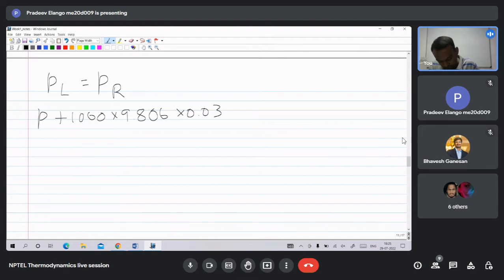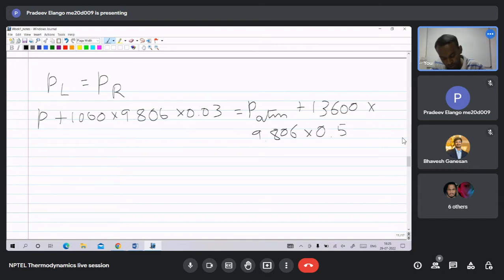And on the right hand side we have P atmospheric pressure plus rho GH for mercury, which is 13,600 for rho, G is 9.806, and H is 50 centimeters, which is 0.5 meters.